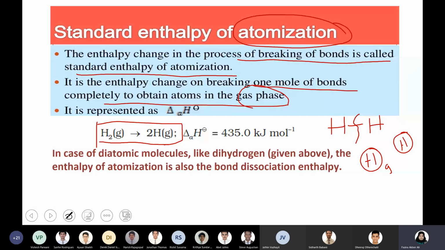In the case of diatomic molecules like hydrogen, oxygen, nitrogen, it is related to their bond dissociation enthalpy because it is equal to the bond breaking. The enthalpy of atomization and the enthalpy of bond dissociation are equal. This happens only for diatomic molecules like nitrogen, oxygen, Cl2, Br2, all these examples.